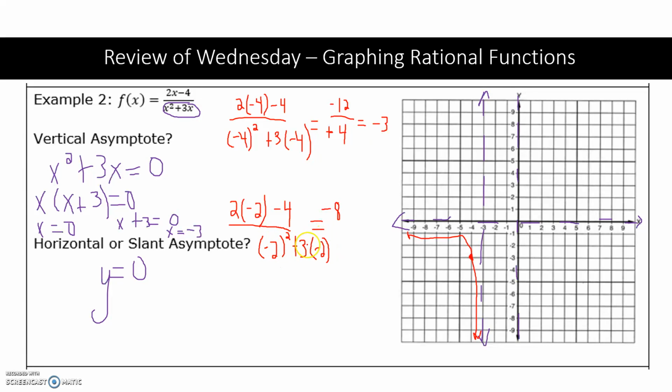So then the 2 squared is 4, 4 minus 6 is negative 2. So then that means it'll be positive 4. So negative 2, positive 4. So it's going to look something like this.